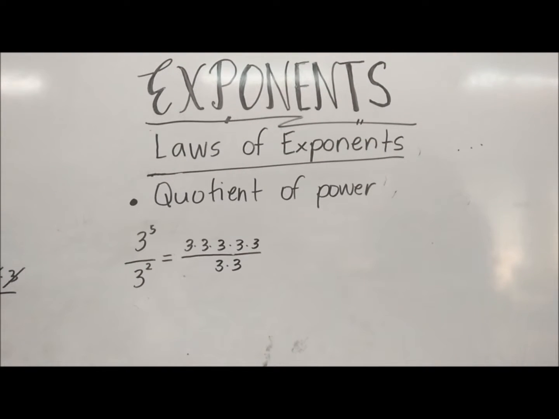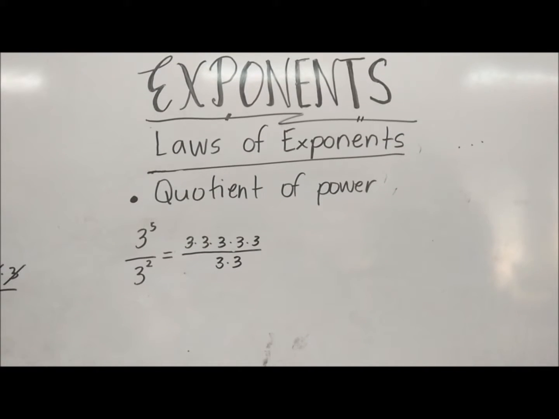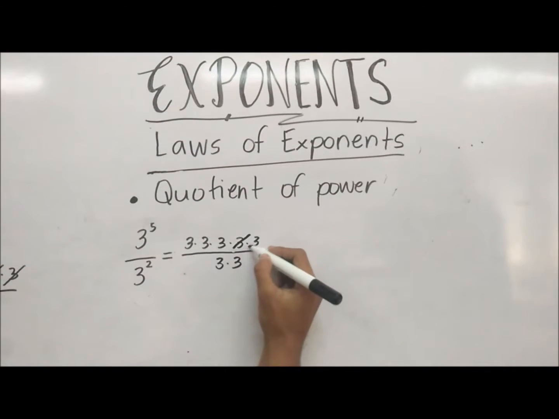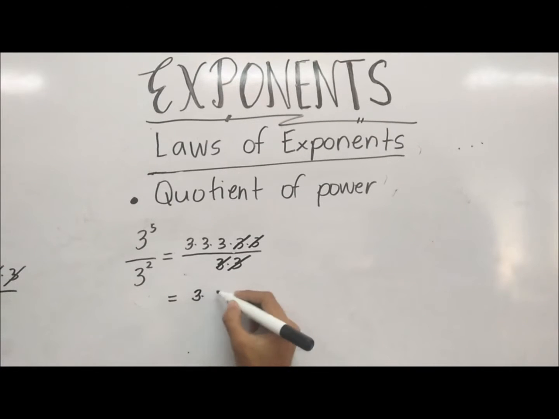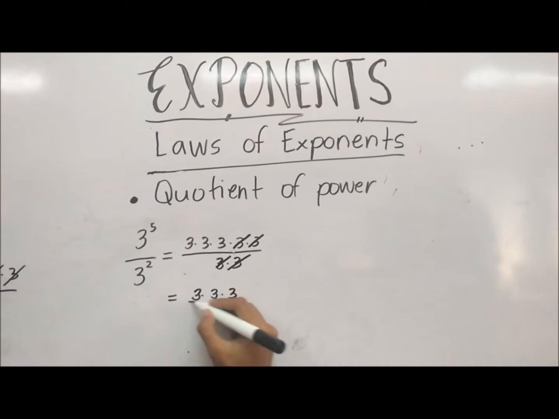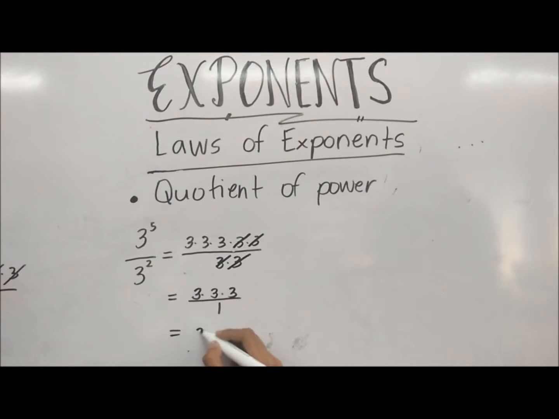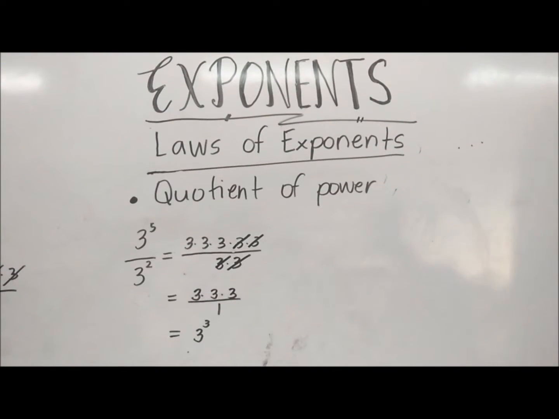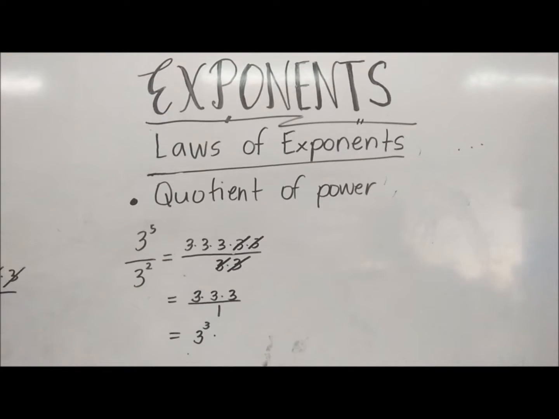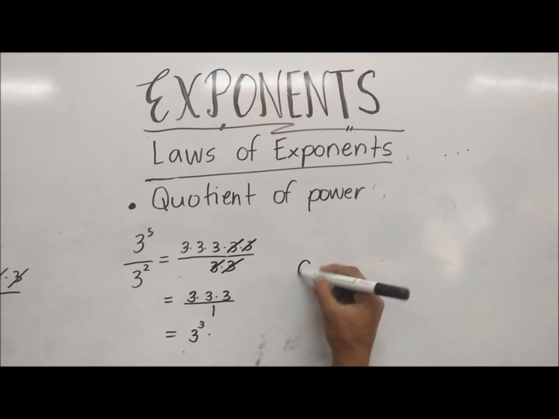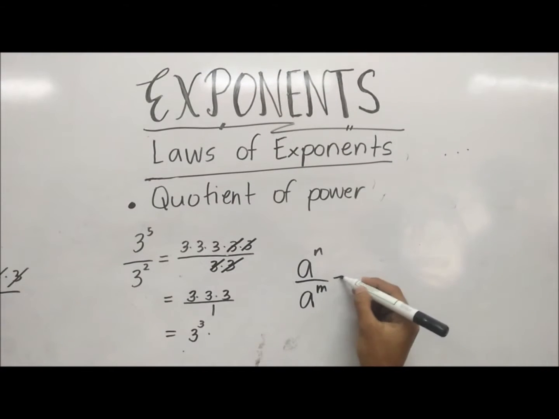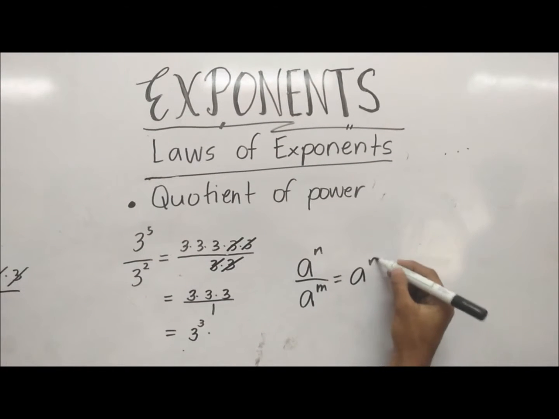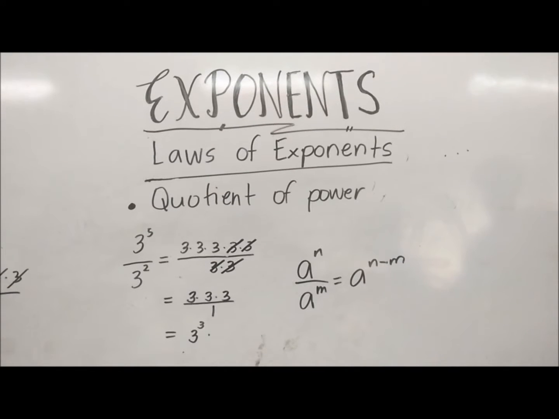We know that 3 over 3 is equal to 1, so those 3 over 3 pairs in our problem can be cancelled out. In our case, we have 2 of those pairs, which leaves us with 3 times 3 times 3 in the numerator over 1, or simply 3 to the 3rd power. Or in general, a raised to n over a raised to m is equal to a raised to n minus m, when n is greater than m.